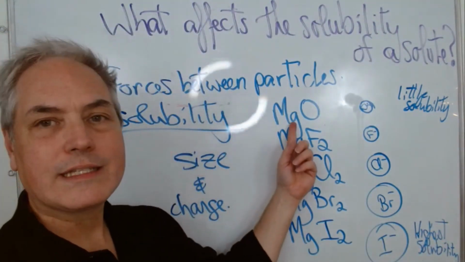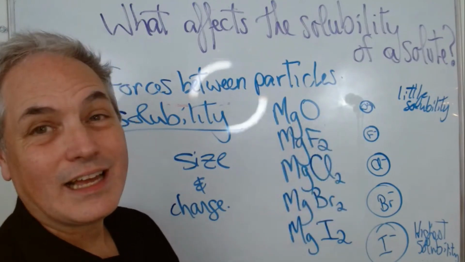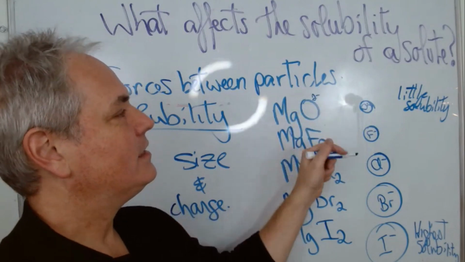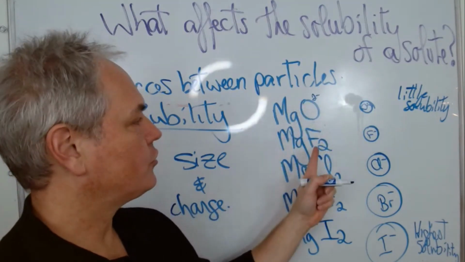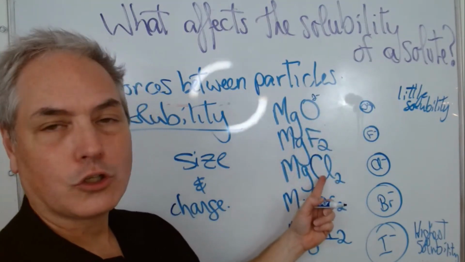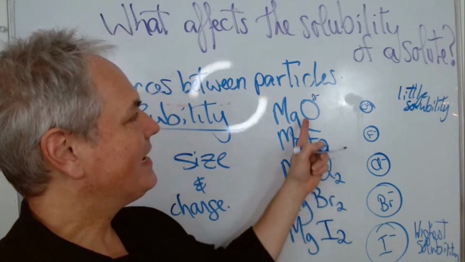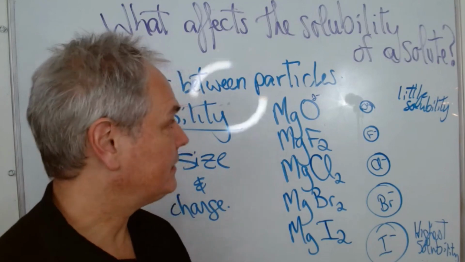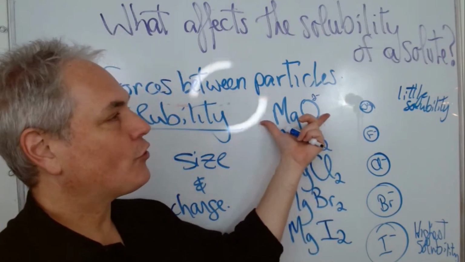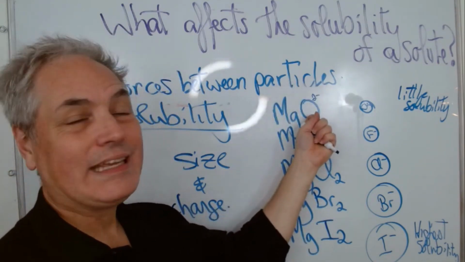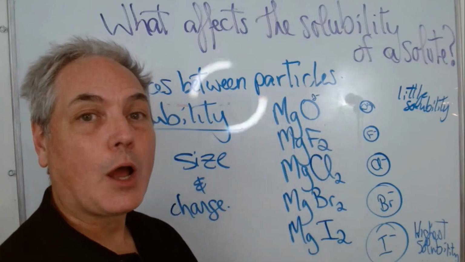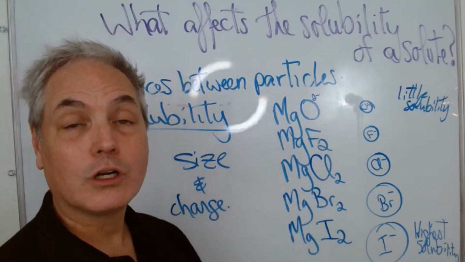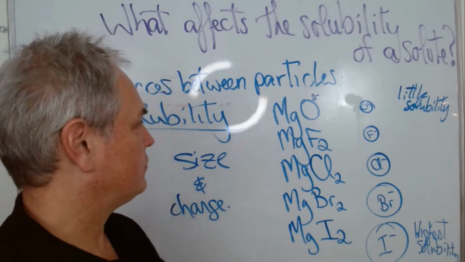So how does that work? If you take, for example, magnesium oxide, oxygen here has a charge of 2 negative. It has a much higher charge than, for example, chlorine that has a charge of 1. Therefore, here we have much less solubility because the electrons are kept within the oxygen, so much less opportunity for electrons to move around and therefore to allow for dissolution.